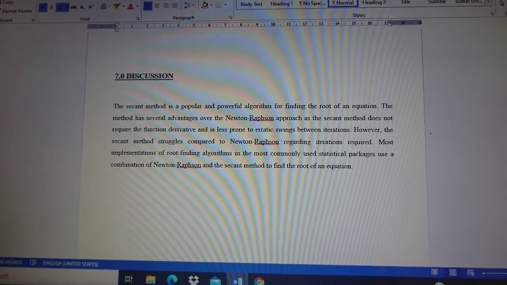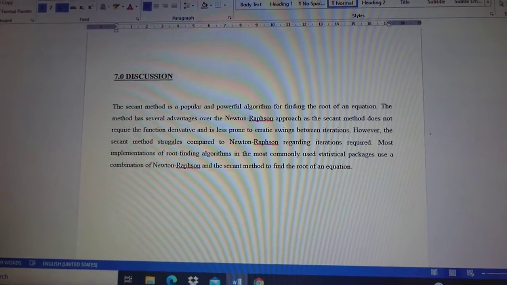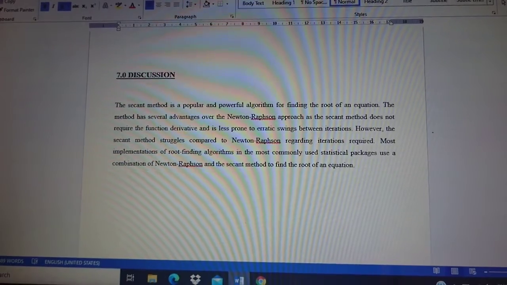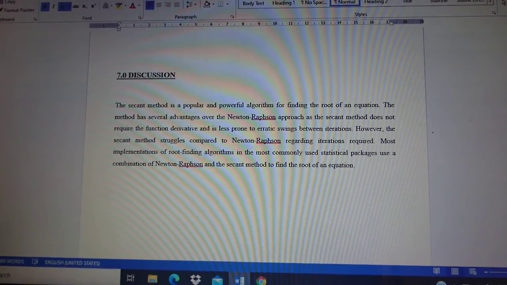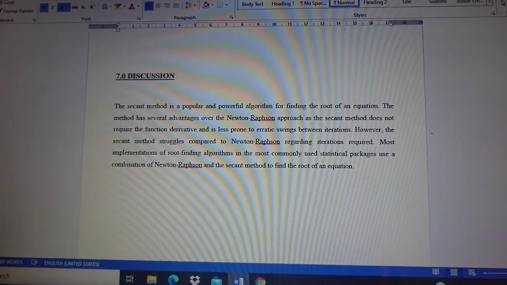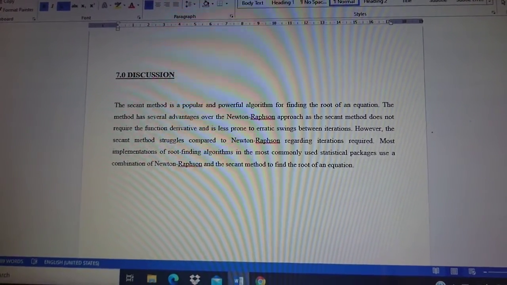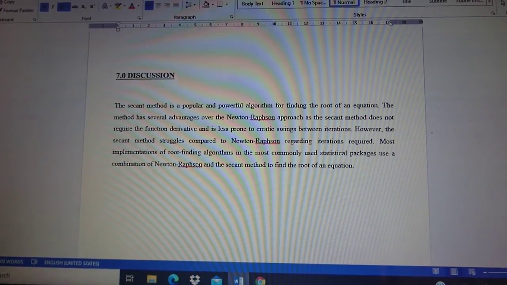However, the secant method struggles compared to Newton-Raphson regarding iterations required. Most implementations of root finding algorithms in commonly used statistical packages use a combination of Newton-Raphson and the secant method to find the root.